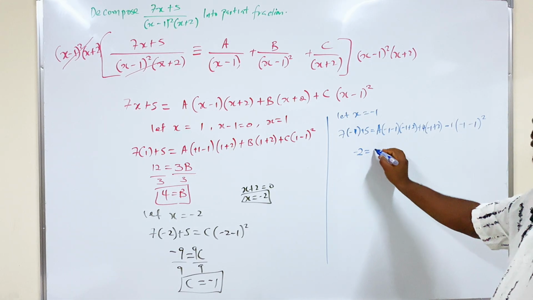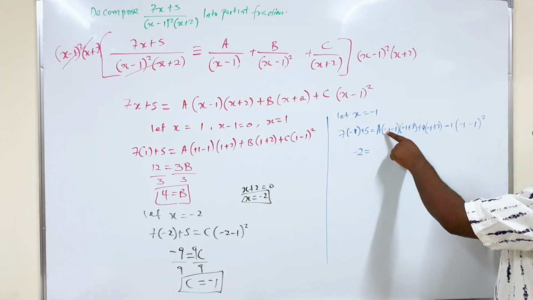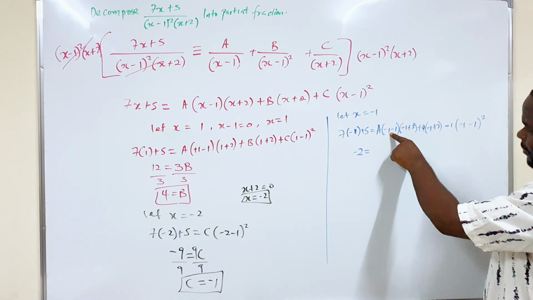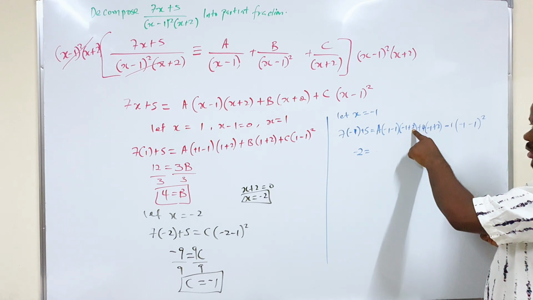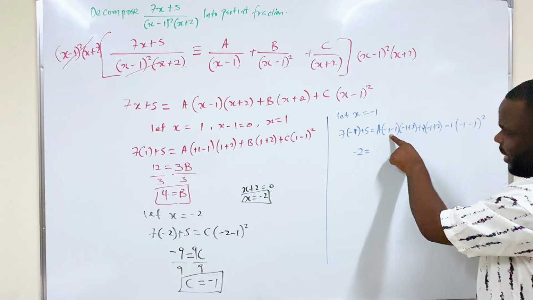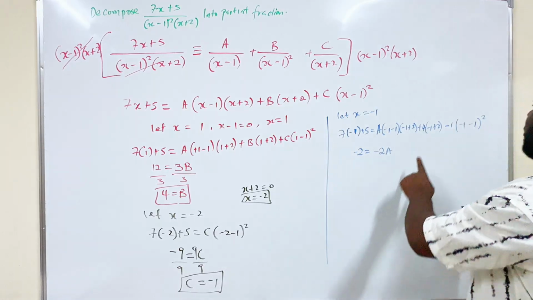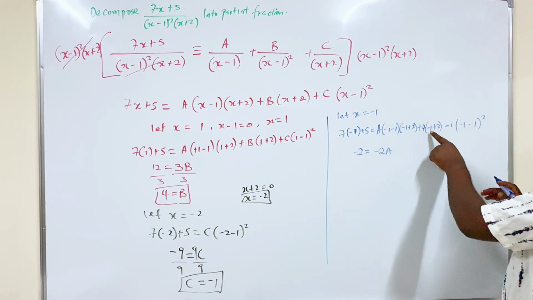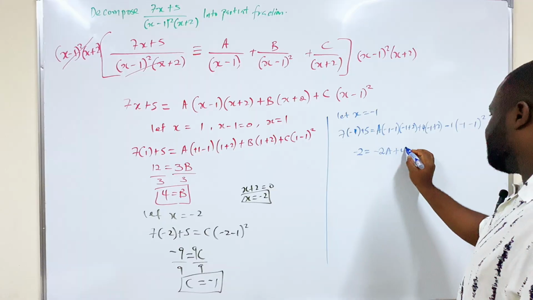And this is going to give us a. Let me do it this way. We have negative 1 minus 1 is negative 2. Now, negative 1 plus 2 is 1. So 1 multiplied by negative 2 gives us negative 2a. For this, we have negative 1 plus 2 is 1, and 1 times 4 is 4.